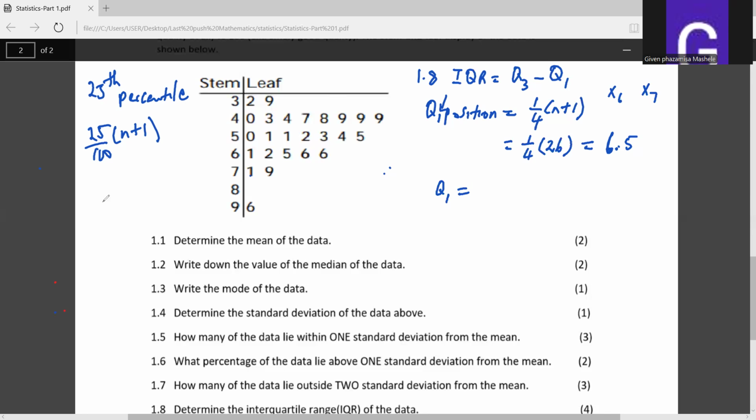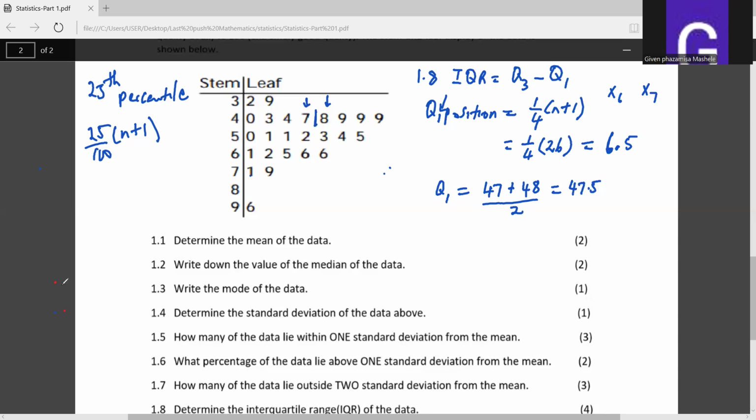Counting 1, 2, 3, 4, 5, 6, 7: position 6 is 47 and position 7 is 48. So it's between 47 and 48. We just add the numbers, 47 plus 48, divided by 2, which gives us a value of 47.5.